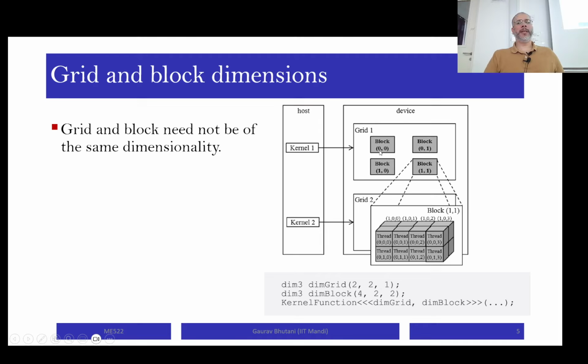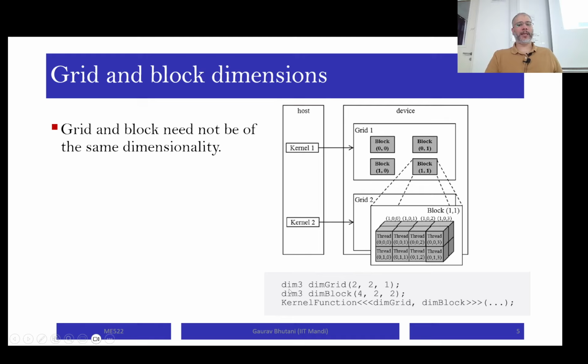Typically the last dimension is x in the way we represent that, and the first dimension is z, which is different from the way we typically address the elements of any vector. But we don't need to worry about that. It's a two dimensional grid, but each block could be three dimensional, with threads organized in the x, y and z directions.